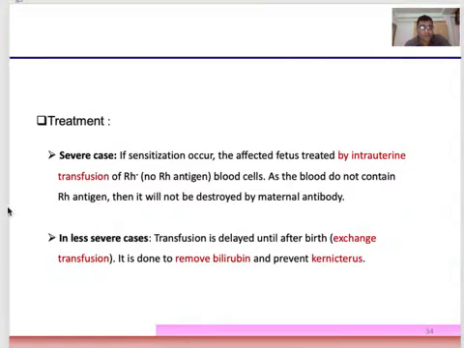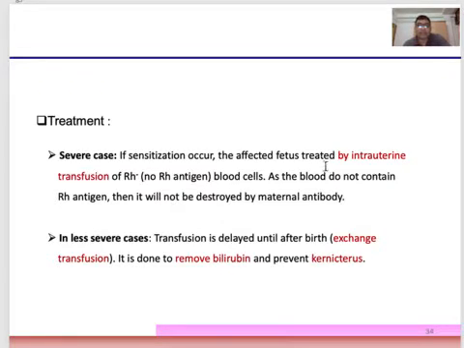Now, how can we treat erythroblastosis fetalis or Rh immunization? The treatment strategy will be different in severe and less severe cases. In a severe case, if sensitization has already occurred, the affected fetus is treated by intrauterine transfusion of Rh negative blood cells.